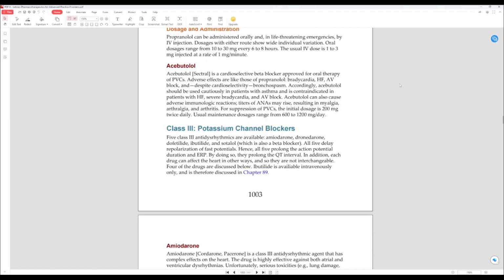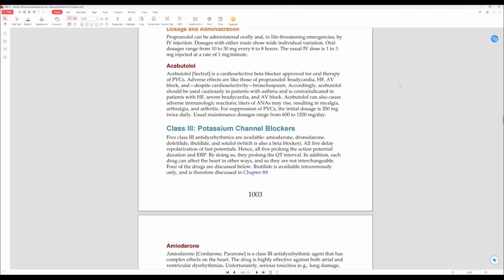Acebutolol, also known as Sectral, is a cardioselective beta blocker approved for oral therapy of PVCs. Adverse effects are like those of propranolol: bradycardia, heart failure, AV block, and, despite cardioselectivity, bronchospasms. Accordingly, acebutolol should be used cautiously in patients with asthma and is contraindicated in patients with heart failure, severe bradycardia, and AV blocks.